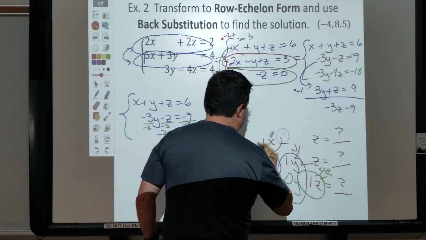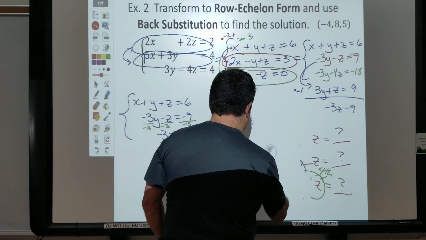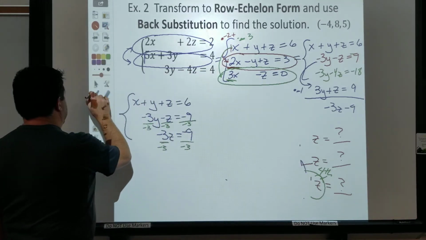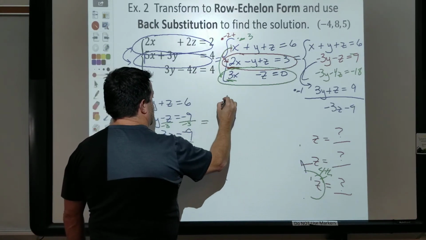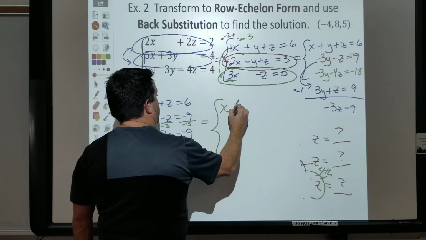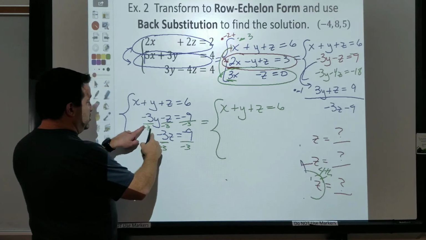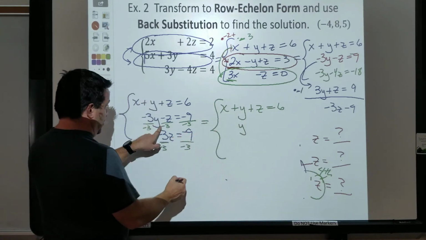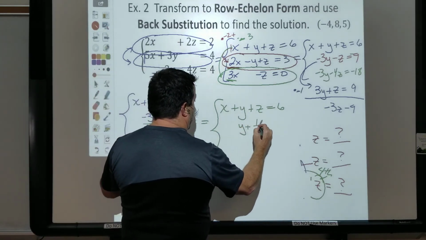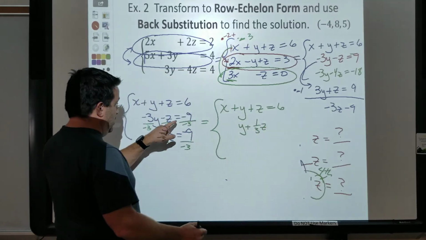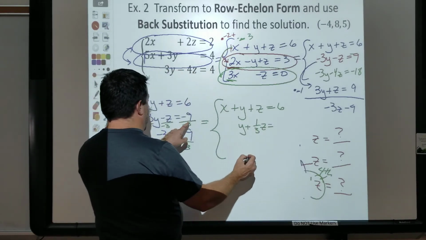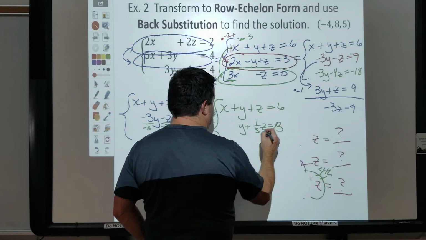I need a little bit of room here. But as I do that, my top equation is still x plus y plus z equals 6. This equation now becomes 1y, which it's supposed to be, plus 1/3 z equals negative 9 divided by negative 3 is a positive 3.